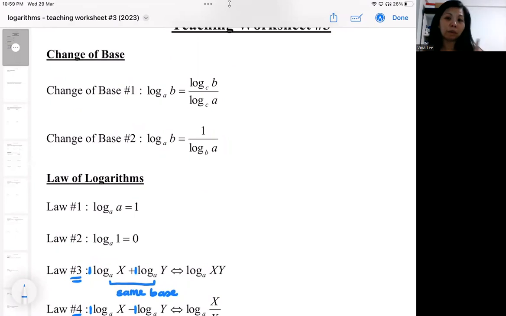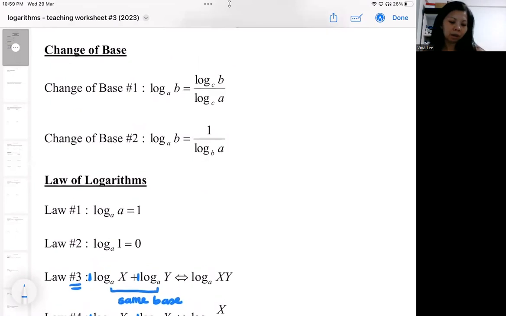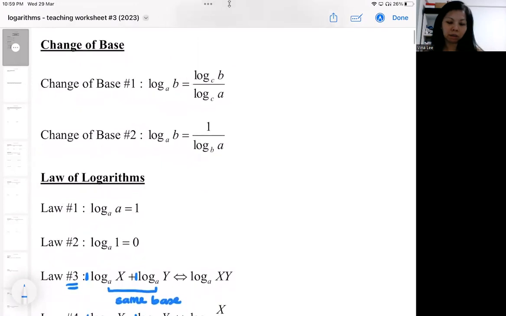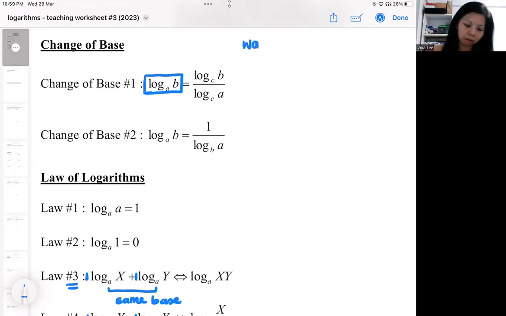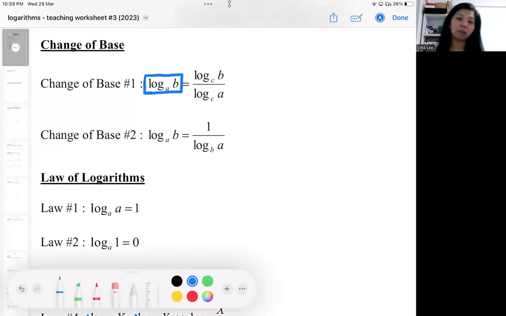Essentially, there's only one formula, but I put it here as two formulas. Let me do a simple explanation of the formula first. This is a generic log. You choose the base that you want.